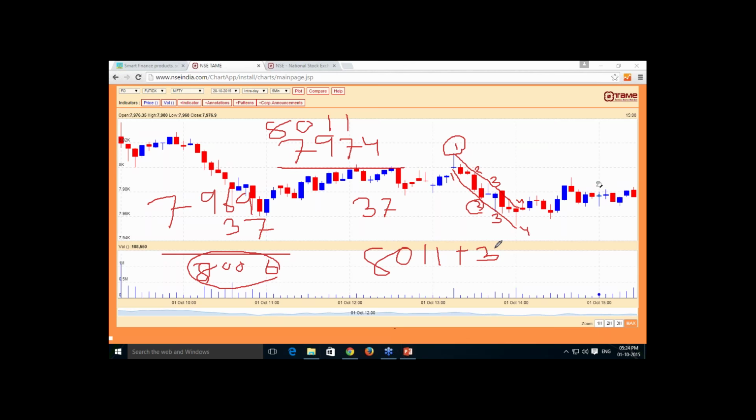So this will be coming as 8048. So for a flat trend continuation pattern, 8066, my trend is up, and once it moves beyond that, then 8048 will be like that.